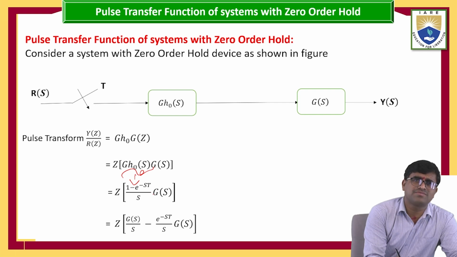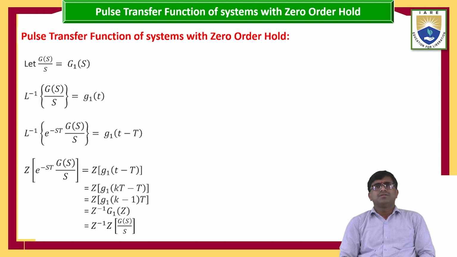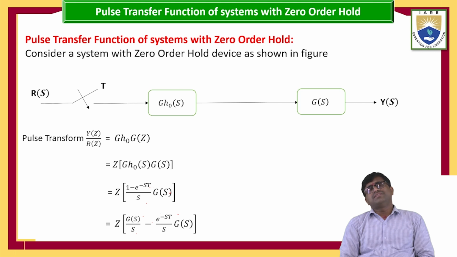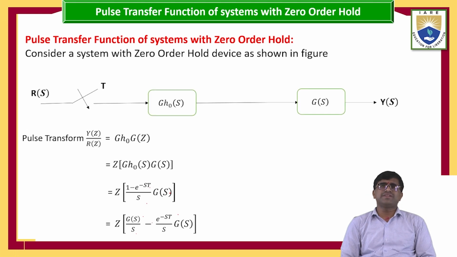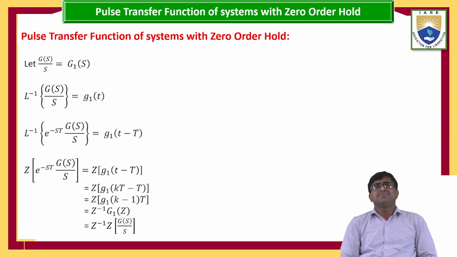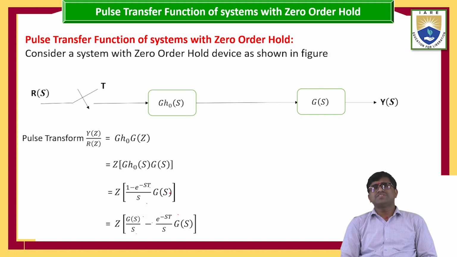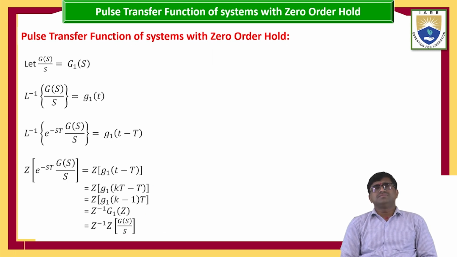When we apply the Z transform, the mathematical expression is G of S by S, and if you multiply by G of S, we get G of S by S minus e power of minus sT by S into G of S. Now for the G of S by S term and the e power of minus sT by S term, first I take G of S by S as G1 of S. Its inverse Laplace is G1 of t.